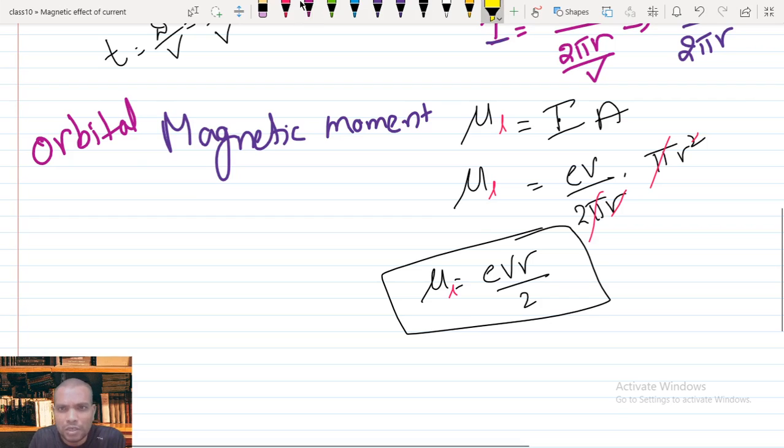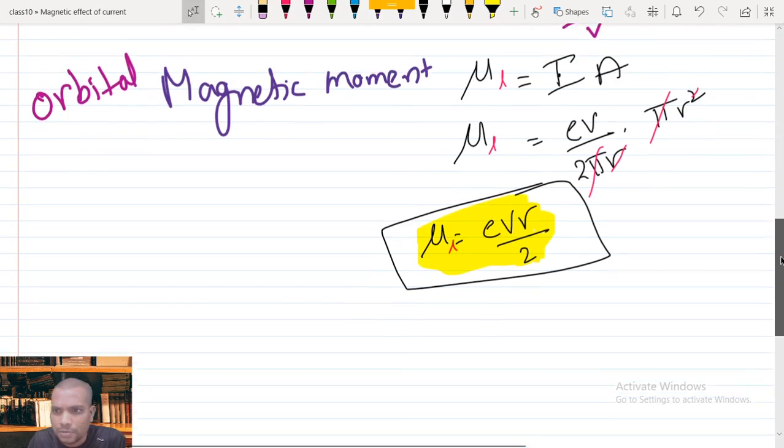This expression we do not know yet, so let me make certain changes here, so that we come across an expression which we already know.